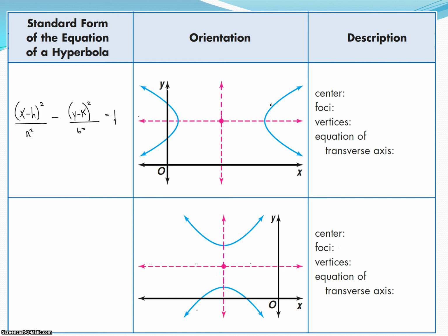And this equation, I hope you recognize, is very similar to ellipses. The only difference is this is a minus instead of a plus, because hyperbolas are differences instead of sums.